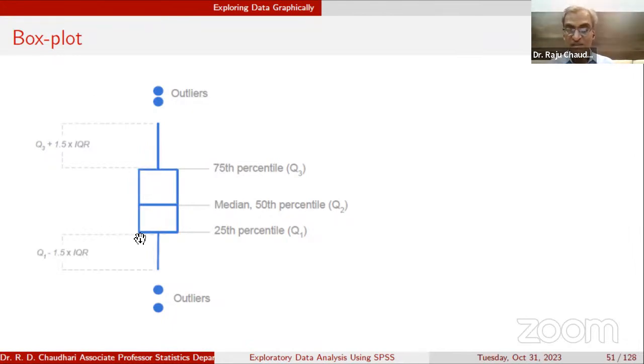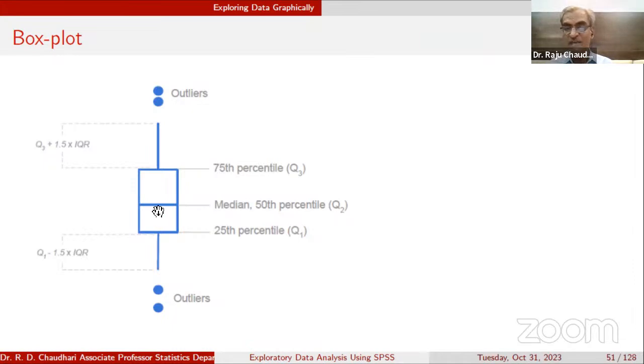Now, for this particular rectangle, the lower side of the rectangle is Q1, the first quartile, right? That means below Q1 we have 25% of the data. That is why it is also known as the 25th percentile.